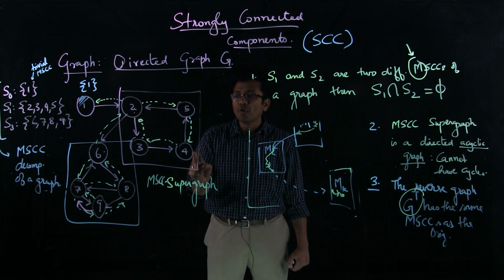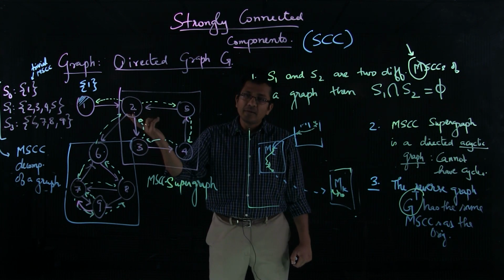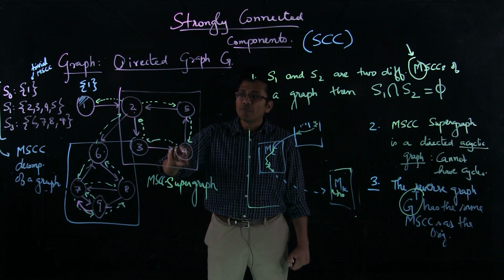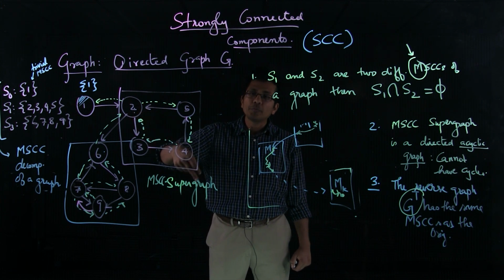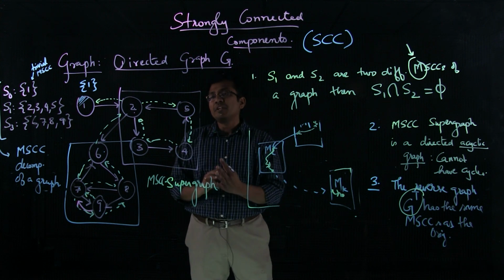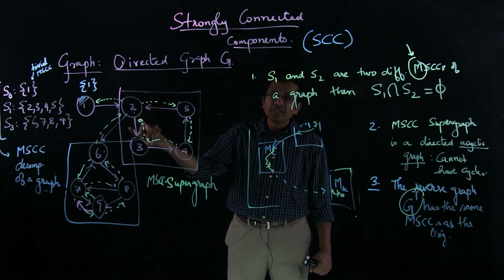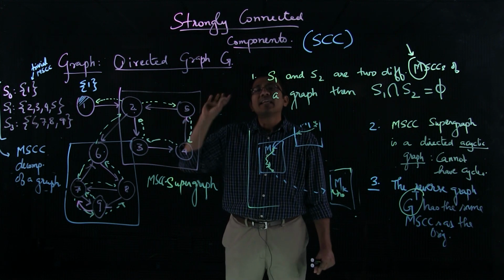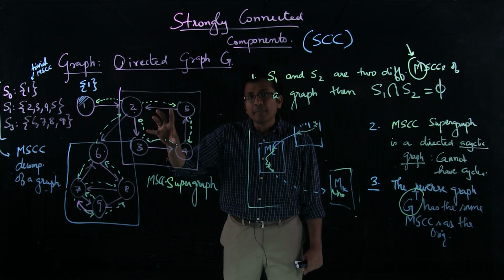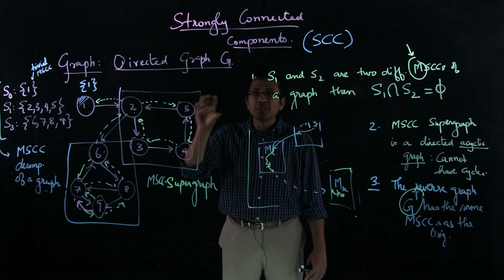If I go from 2, 3, 4, I can go 4, 3, 2. Right? And likewise, if I can go from 4 to 2 in the original graph, I can go from 2 to 4. So from the definition of MSCC, you notice that reversing the direction of the edges keeps an MSCC an MSCC. So the MSCC property is preserved under reversal of edges.